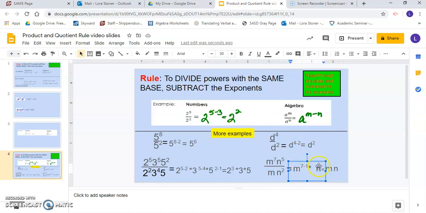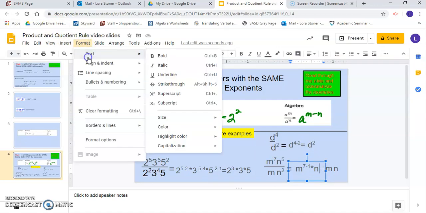So then let's bring the n back. Alright, so we have m, 7 minus 1 is the exponents for subtracting. For n is my base, I have 5 minus 2. So we're going to plug that in right here. 5 minus 2.